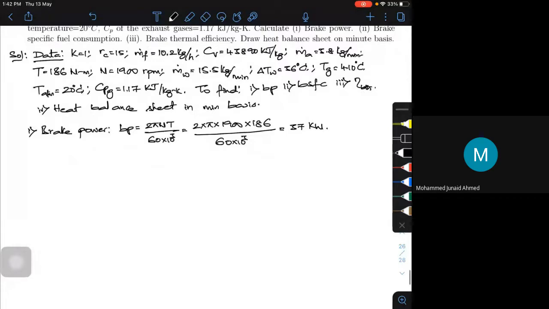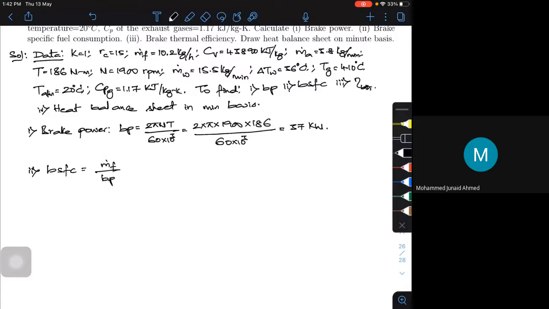Okay, the second one, brake specific fuel consumption, BSFC. What it actually is, it is the ratio of the mass of fuel consumed divided by your brake power.